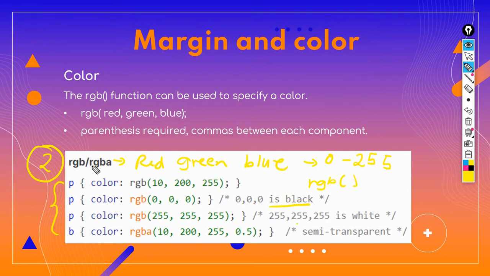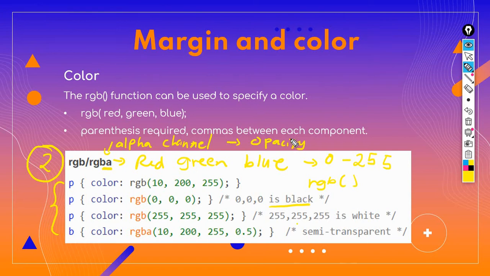Similarly, the RGBA function can be used for semi-transparent colors. The 4th value is the alpha channel, that's the A in RGBA, and this means opacity.